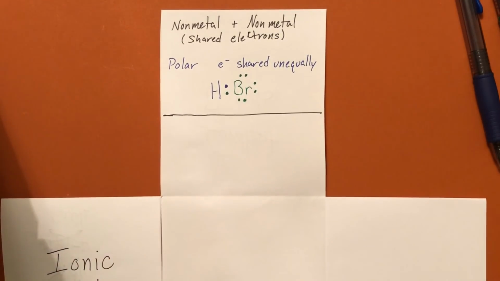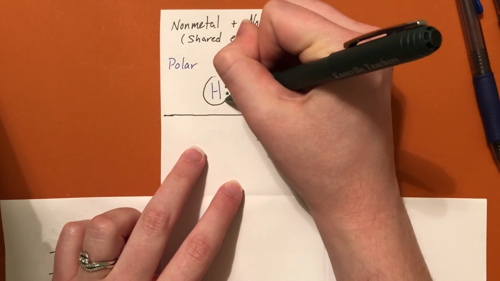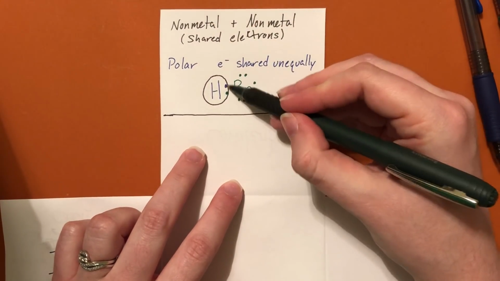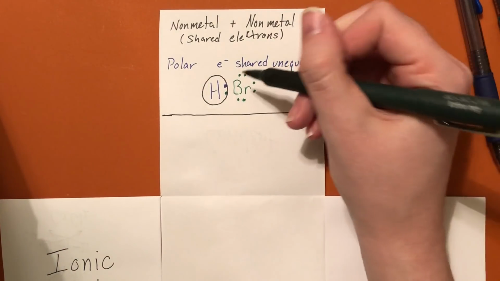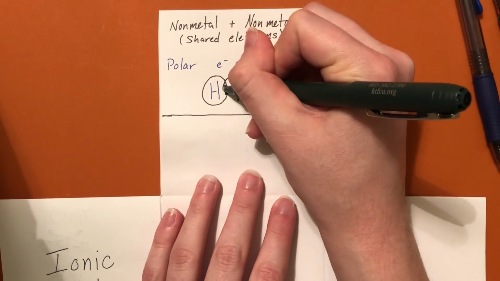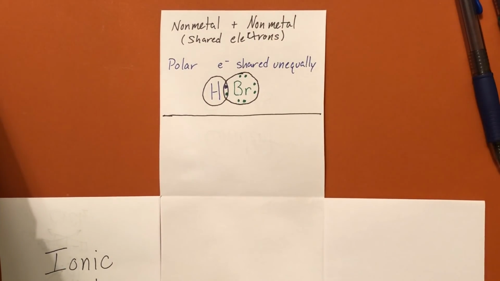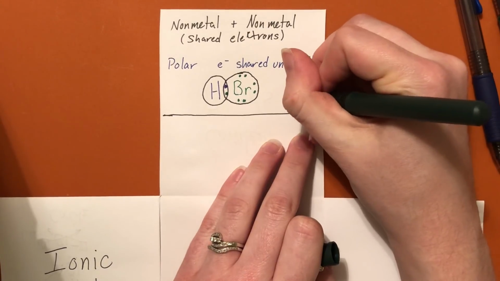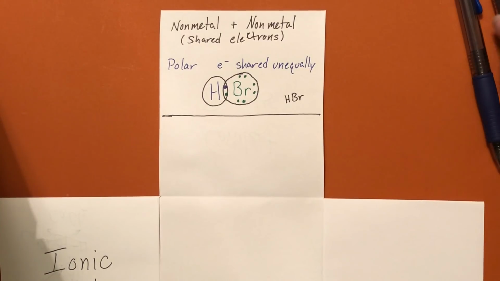So instead, they've made a pact that they are going to share one of their electrons. So now, hydrogen in its first outer shell has 2 valence electrons, which is all that it needs to be happy. And then bromine also now has 8 valence electrons in its outer shell, so it is also a happy camper. If you were to write out the chemical formula, that would be HBr. And they're pretty content like that. They don't mind sharing with one another because they have their own full valence shells.